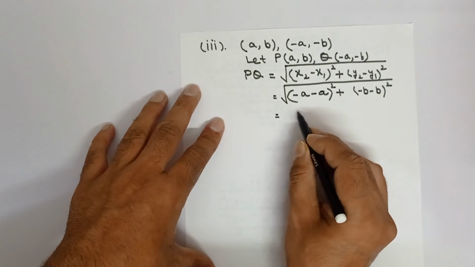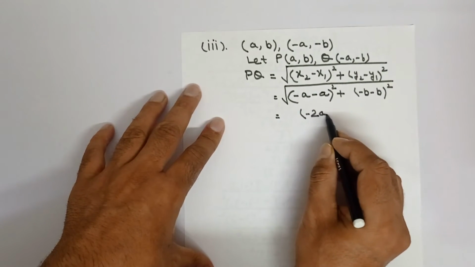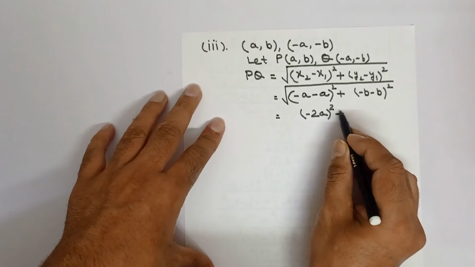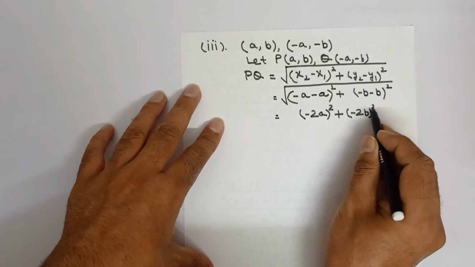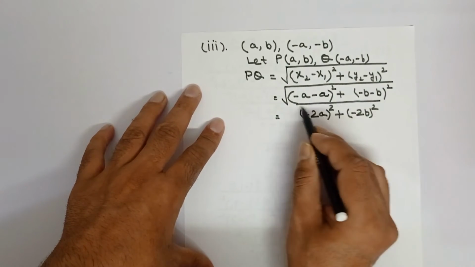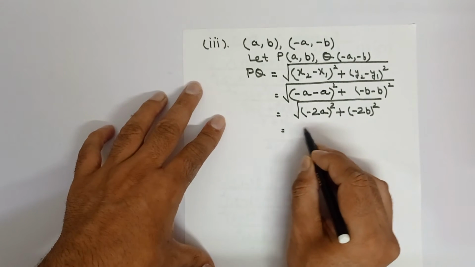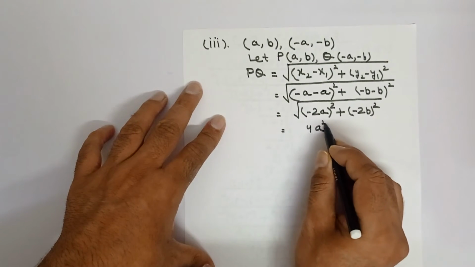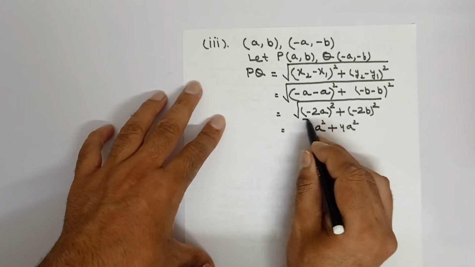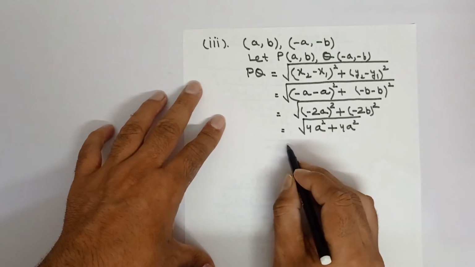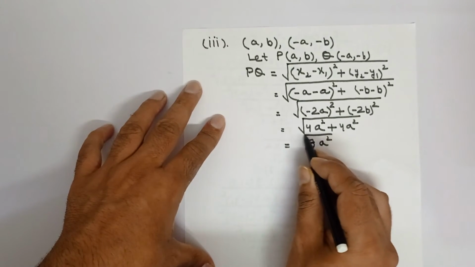Minus a and minus a both carry a negative sign, so they will be added. Minus 2a whole square plus minus 2b whole square. Square of minus is plus, so it will be 4a square then plus 4b square.